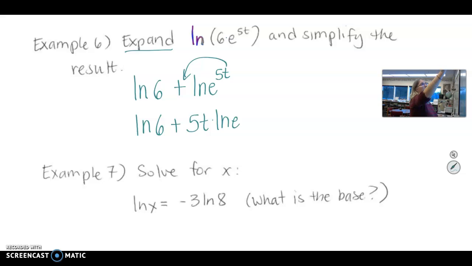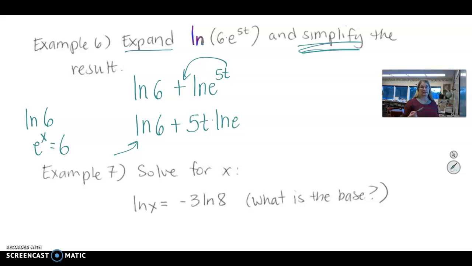And then it says here, let's simplify that result. Well, the natural log of 6, we can't really simplify unless we grab a calculator and get an approximate value for the natural log of 6. What does that mean, by the way, the natural log of 6? The natural log of 6 is trying to figure out e to what power is equal to 6. So you need a calculator to do that.